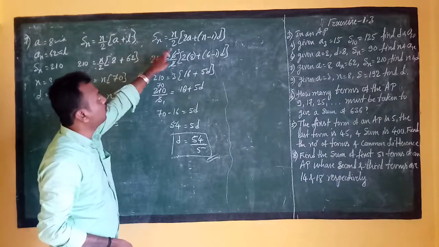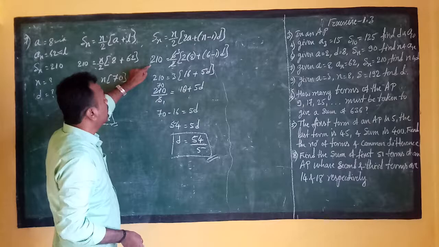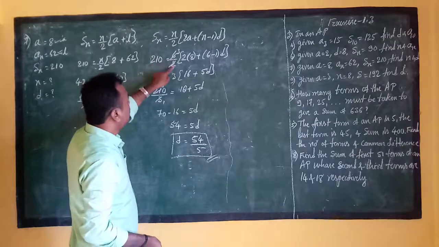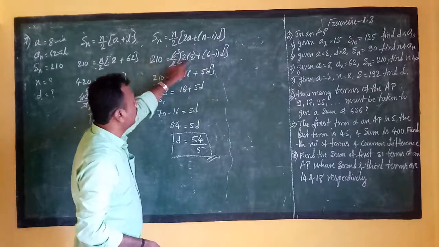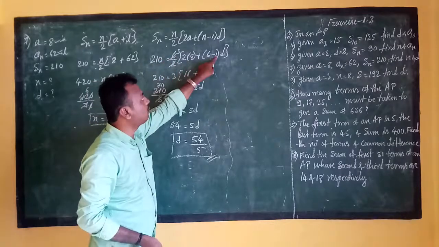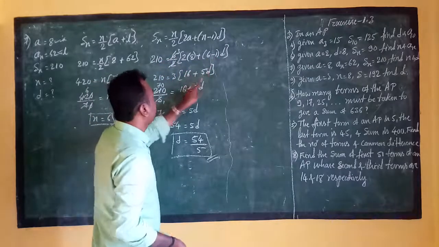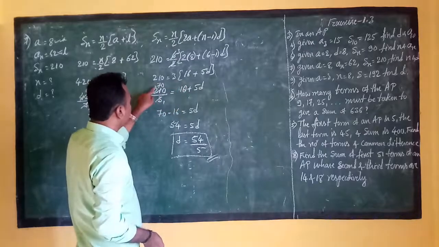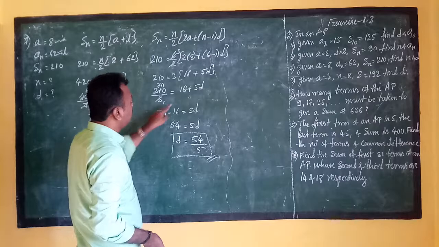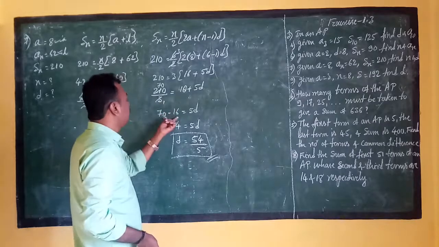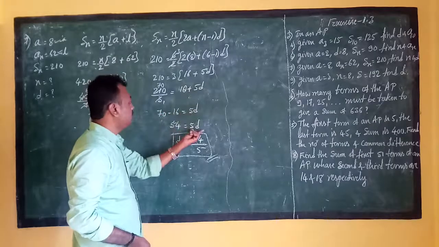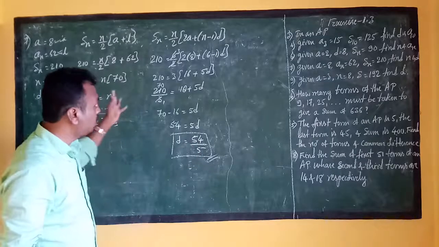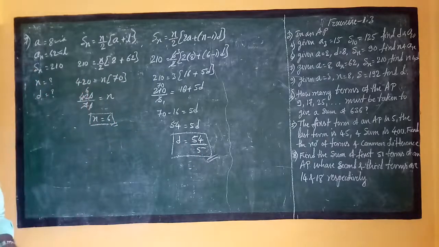Sn is equal to n by 2 into 2a plus n minus 1 into d. 210 is equal to 6 by 2, 2 ones are 2, 3s are... 8 2s are 16, 6 minus 1 is 5, into d, 5d. And then finally the 3 we have to send here, 3 ones are 3, 3 sevens are 21, so 70 is remaining. 16 you have to send here, it becomes 54. So 5d as it is, d is equal to 54 divided by 5. Understand, students? So like this we have to calculate here.